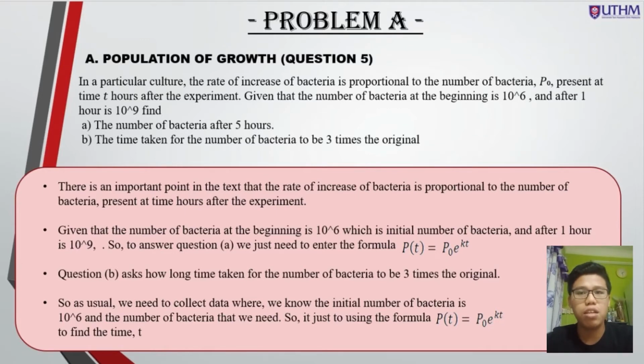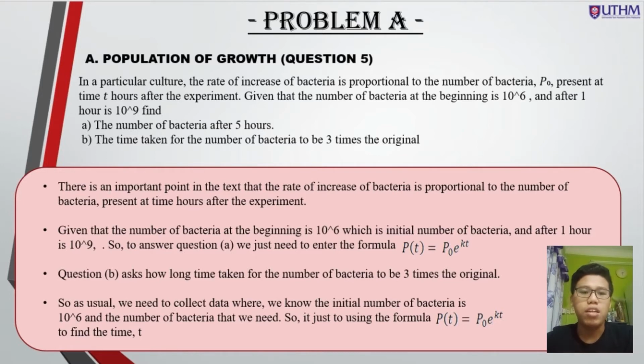I will explain the problem statement and the solution of question 5, which is on population growth. As you can see, there is a question from question 5, and we need to get from A and B, which is A, the number of bacteria after 5 hours, and B, the time taken for the number of bacteria to be 3 times the original.